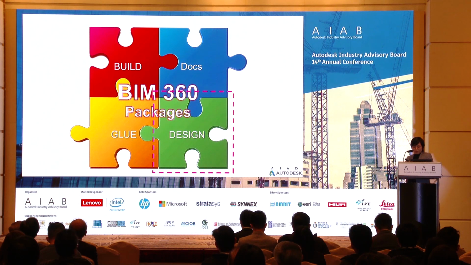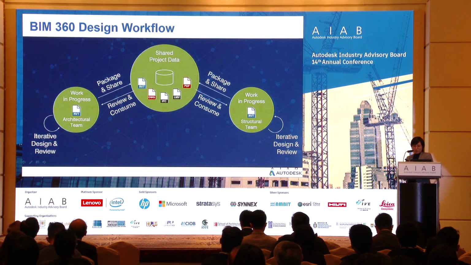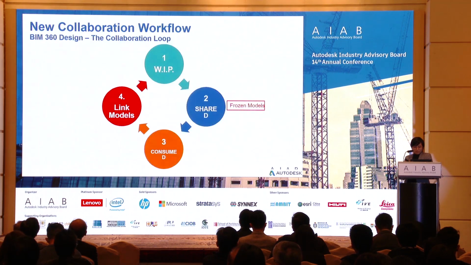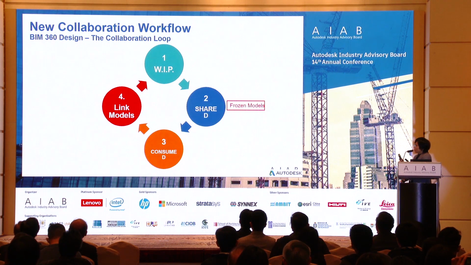So I'm going to talk about the design, which is related to C4R, Collaboration for Revit. That is a very important concept for running the BIM 360 design. First of all, you have to understand we have a design collaboration loop, which contains 4 steps.